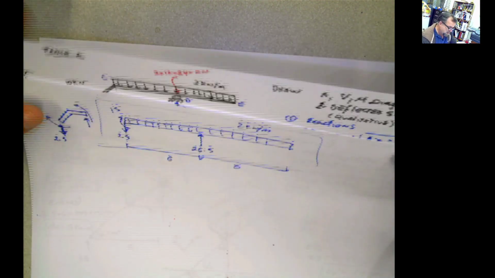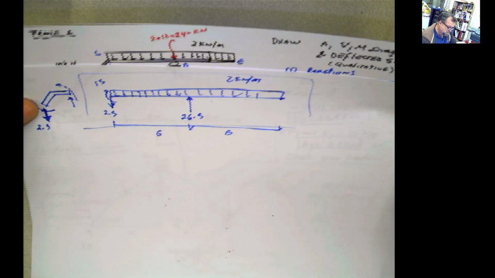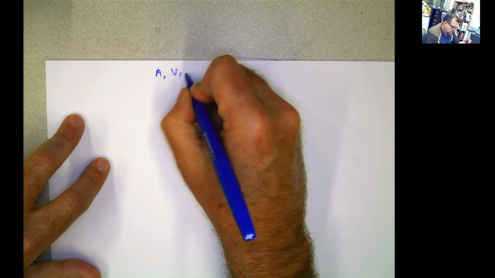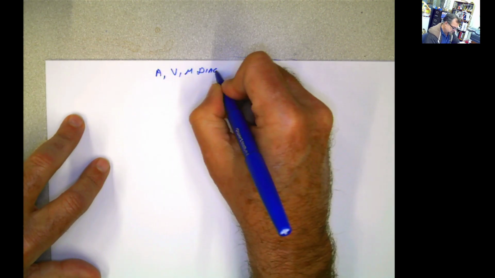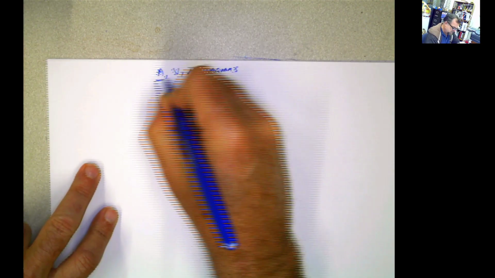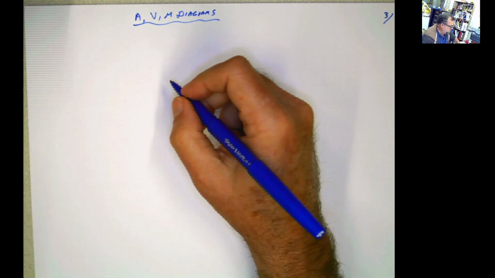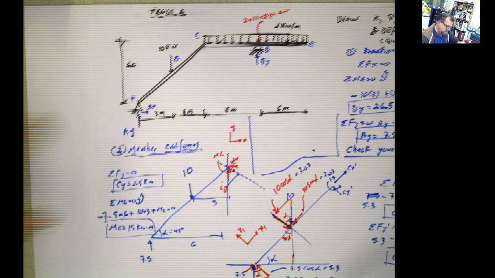Now, once we have the member enforces, then we can go and solve for our diagrams. Axial, shear, and moment diagrams. Okay, let's do that. I'm going to keep the members as they were here, inclined.